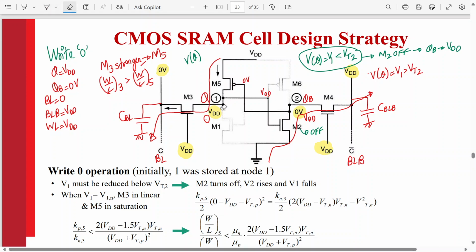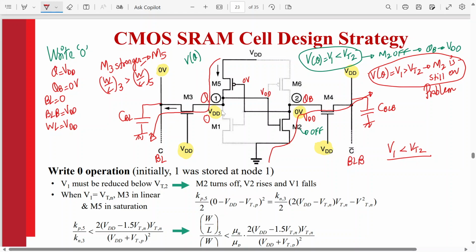Understood the problem? M2 is still on, and that is a problem. So that's why V1 must be kept reduced below VT2. That's the condition which should apply. V1 should be less than VT2, so that M2 becomes off and QB changes state.